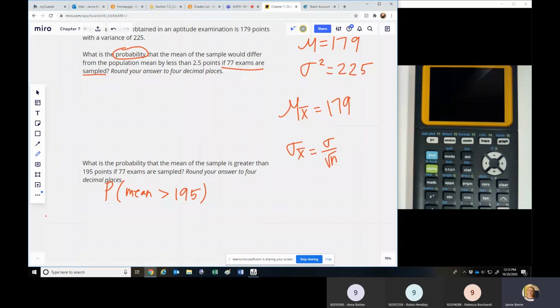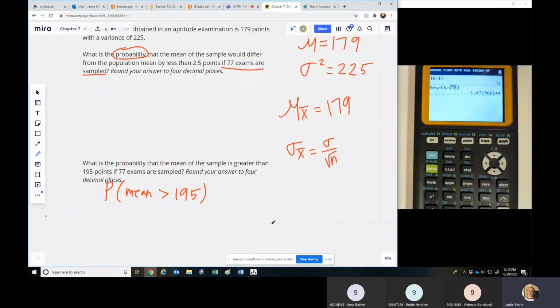We're given the variance, so we have to figure out what the standard deviation is. Remember, if you want to figure out the standard deviation, you just take the square root of the variance. So square root of 225 is 15. All right, so the standard deviation is 15.